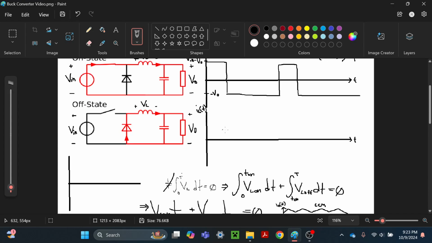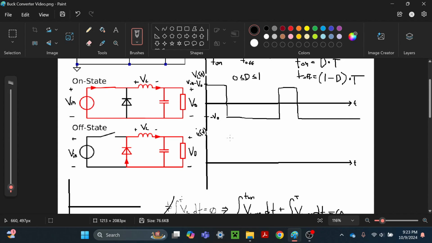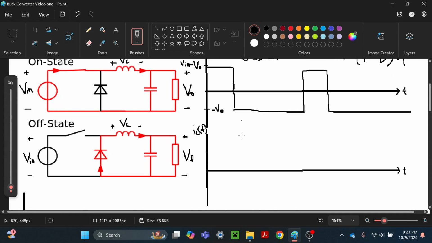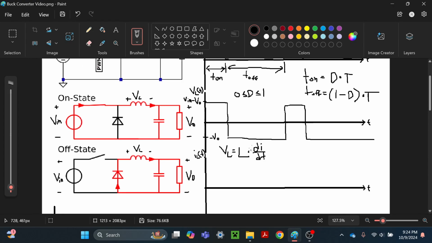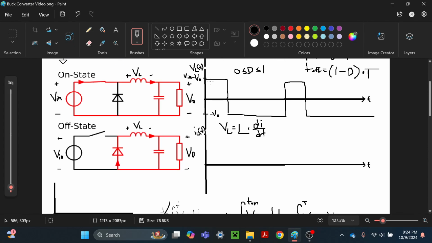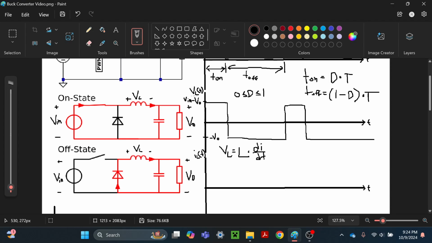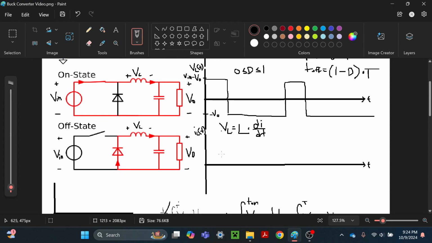So we need to consider the equation for the relationship between voltage and current in an inductor. So the voltage of an inductor is going to be equal to the inductance times the rate of change of the current with respect to time. So basically, if we have the plot of the inductor voltage, we can assume the shape of the waveform for the inductor current.